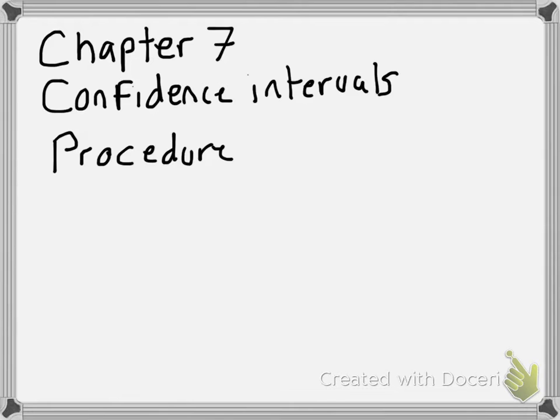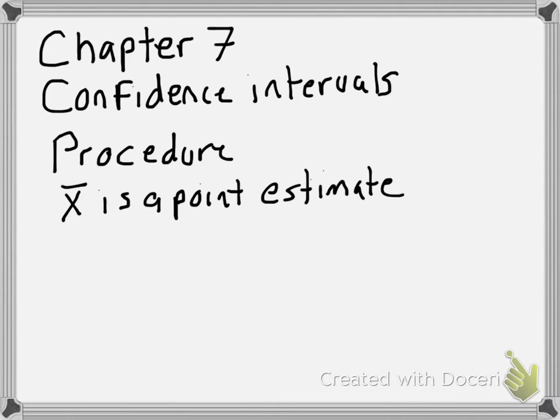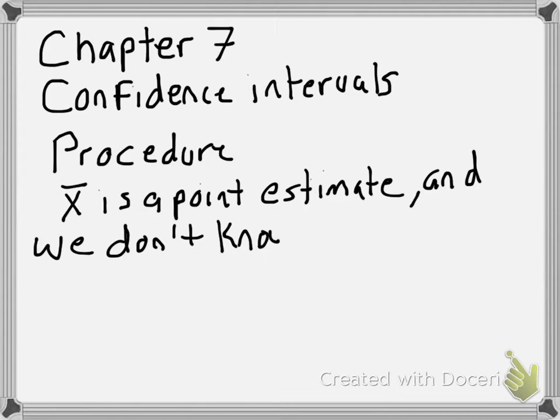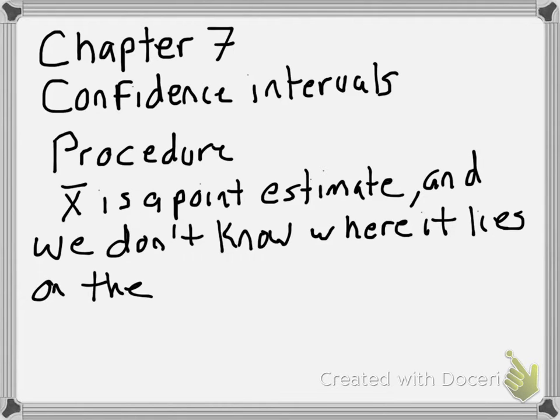Okay. We know that x bar is a point estimate and we don't know where it lies on the distribution. You know, the little picture that we make.